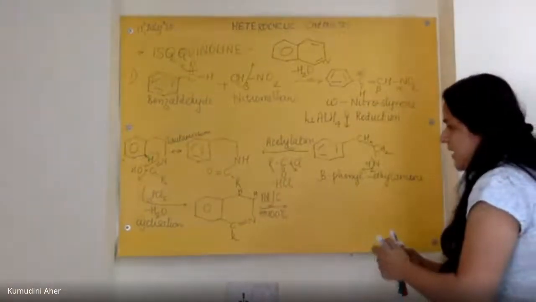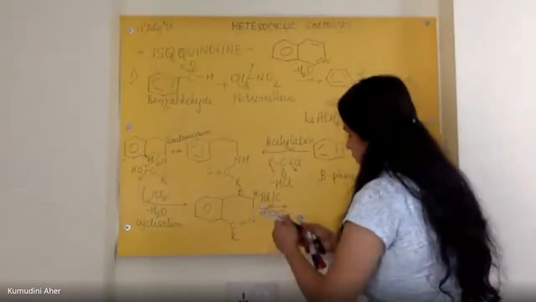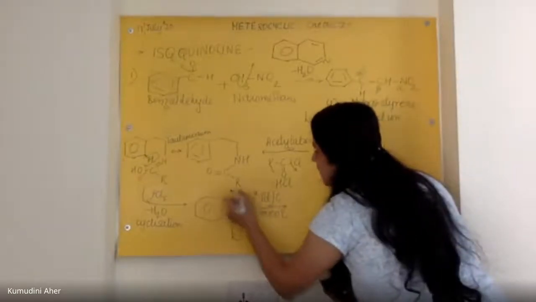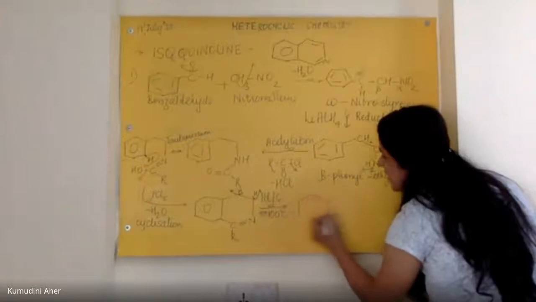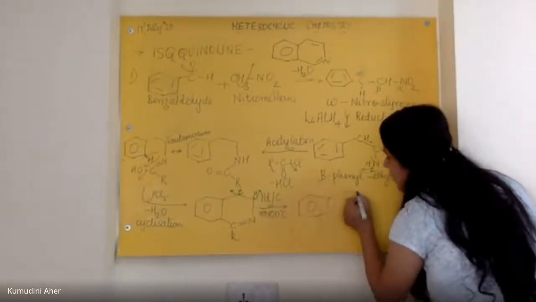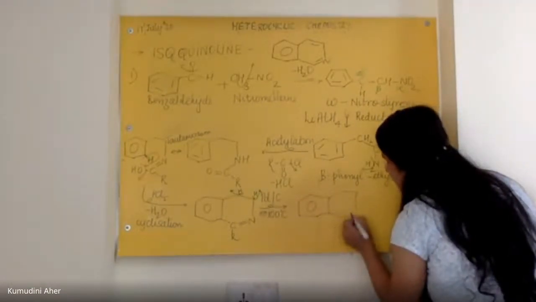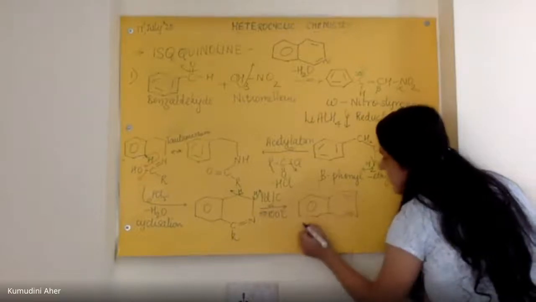So finally I can see my hydrogens have gone away, and now my final structure, I am going to synthesize finally my isoquinoline. This is the structure of my isoquinoline.